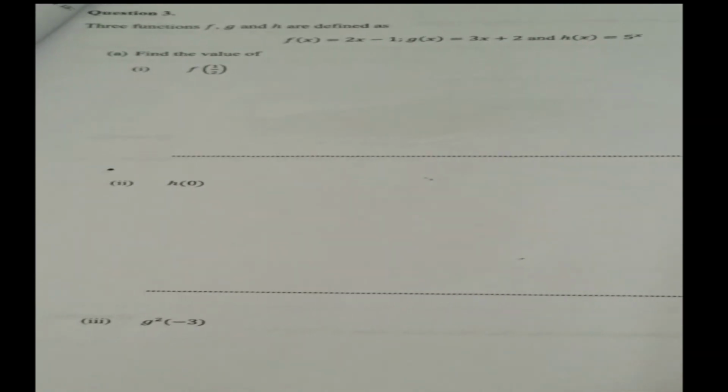In this question now we're going to determine, we're given 3 functions f, g, and h, and they're defined as f of x is equal to 2x minus 1, g of x is equal to 3x plus 2, and h of x is equal to 5 to the x. We're going to find f of a half, right?